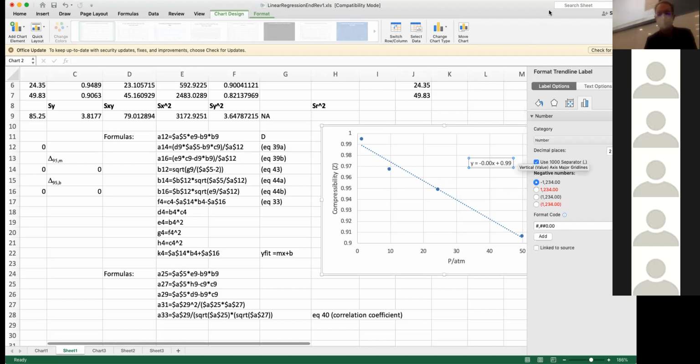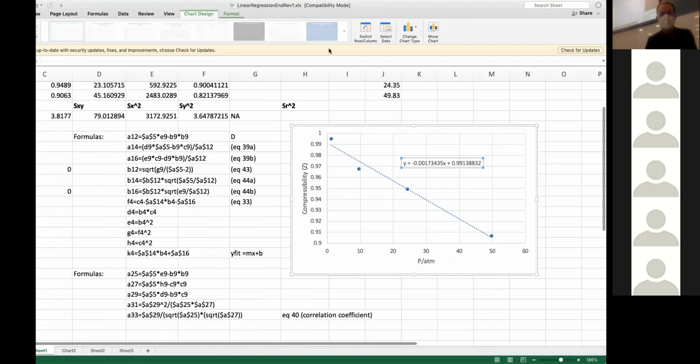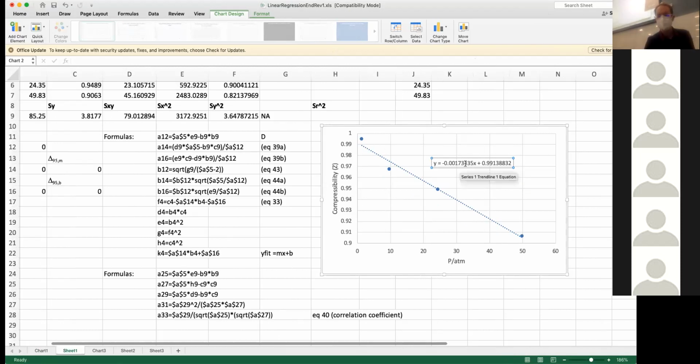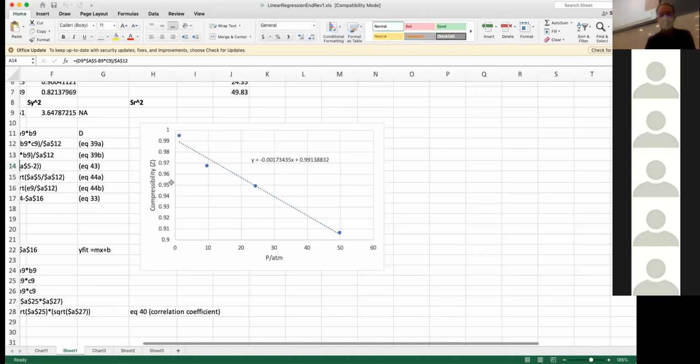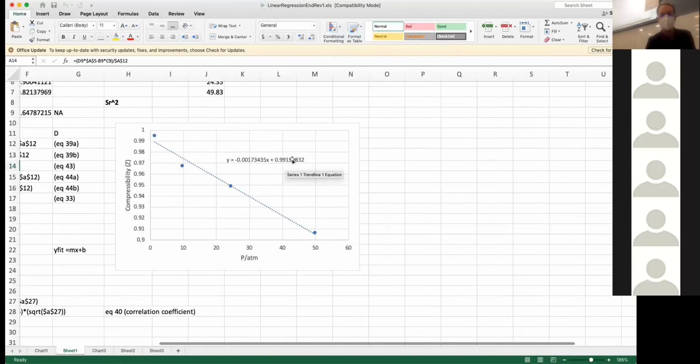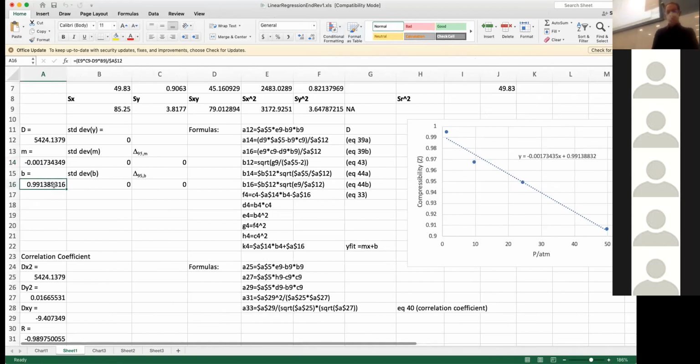And I'll just put 8 digits here so that we can read however many digits we want. So now you see that the slope of this line is negative 0.00173. And that matches exactly this value that we calculated over here. And the intercept is 0.99138. That matches exactly this value of b that we calculated.